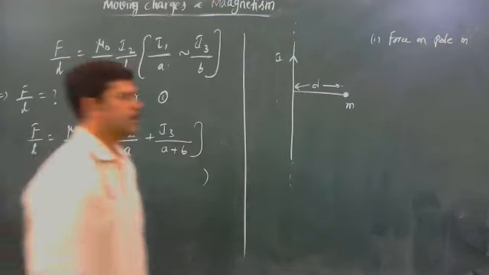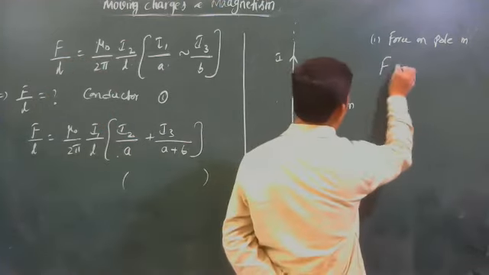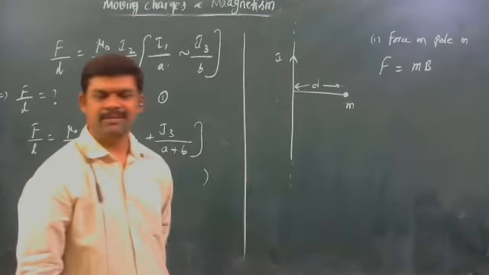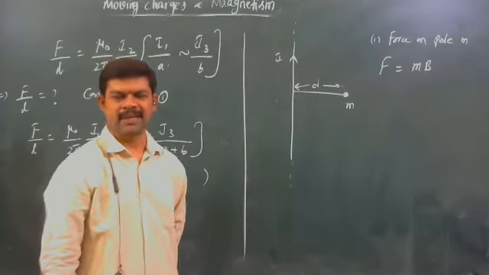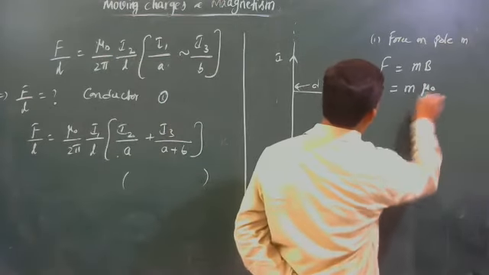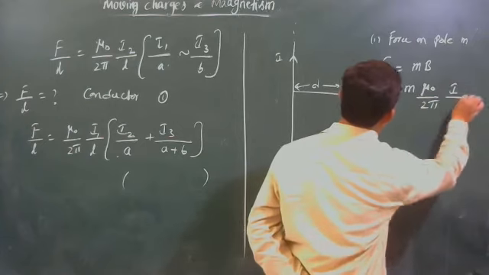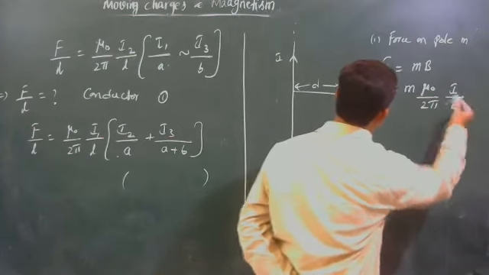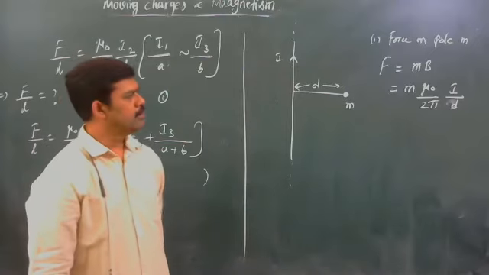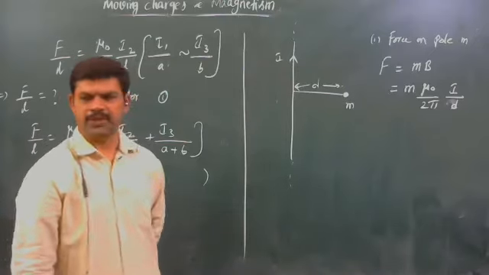Force on pole is MB. B is mu naught by 2 pi, I by D. That is the force.